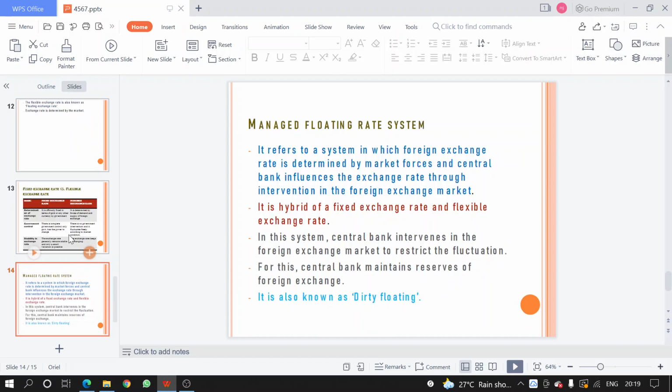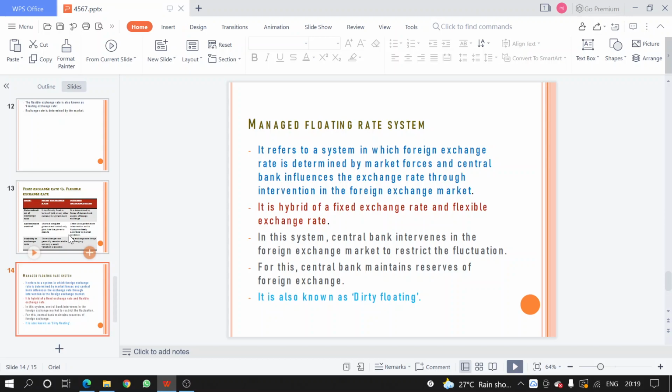Now, the third and last one is the managed floating exchange rate. It refers to a system in which the foreign exchange rate is determined by the market forces and the central government or the central bank influences the exchange rate through intervention in the foreign exchange market.